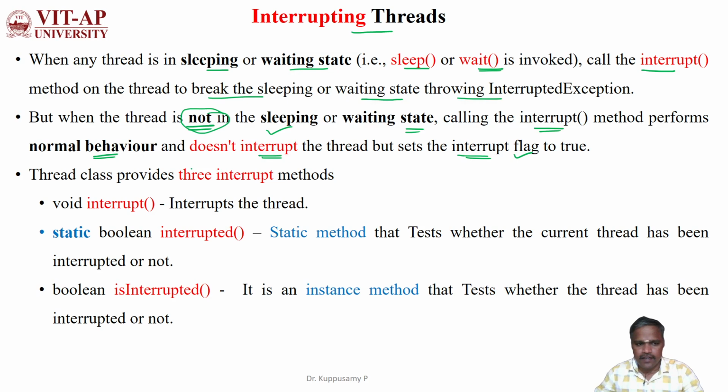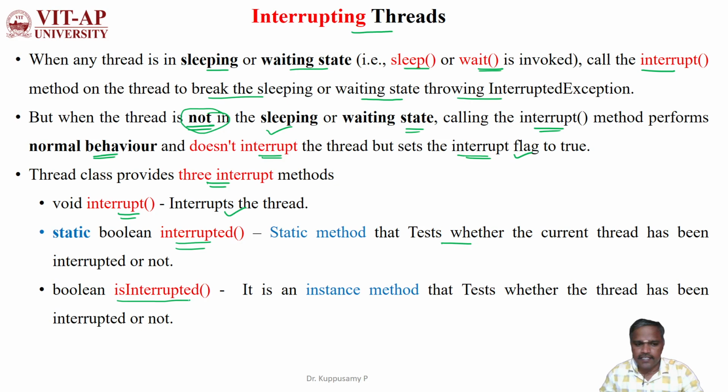Here the Thread class has three different interrupt methods. One is the void interrupt method, which interrupts the currently sleeping or waiting thread. Another is the static boolean method interrupted, which just tests whether the currently running thread is interrupted or not.